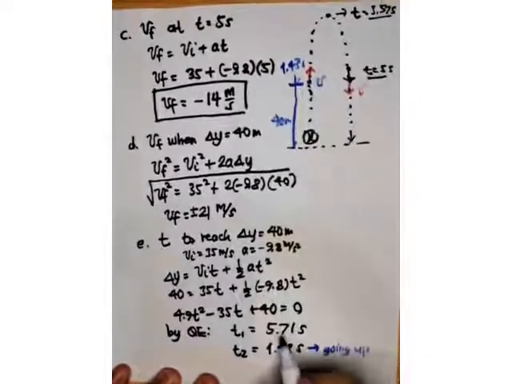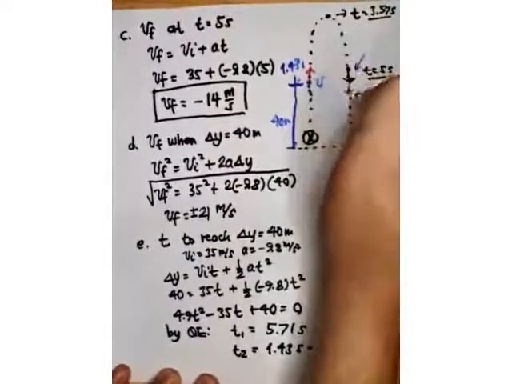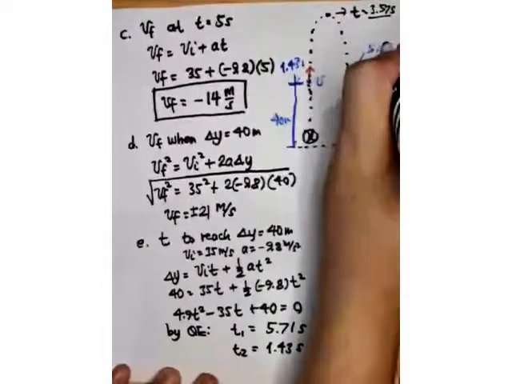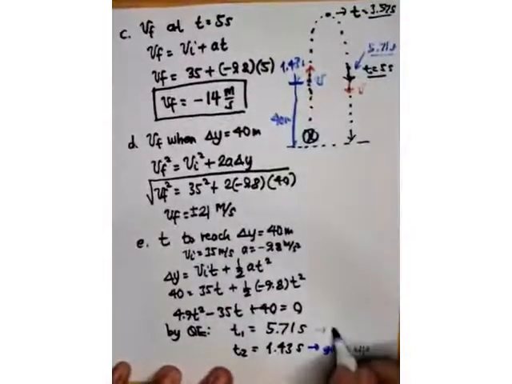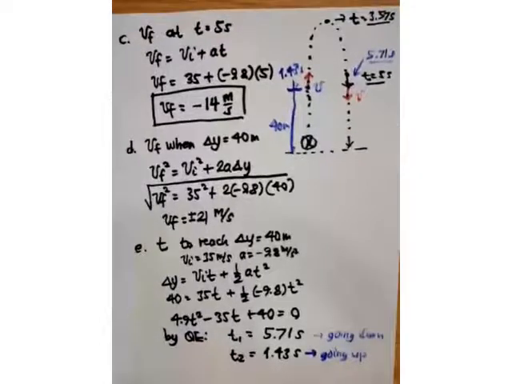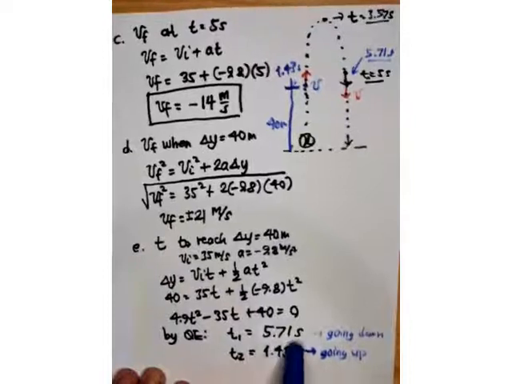At yung 5.71 naman, yun naman yung time na ma-reach niya yung 40 meters pero pababa na siya. Ito naman is going down. Yung 1.43 nung pataas siya, tapos yung 5.71 nung pababa siya.